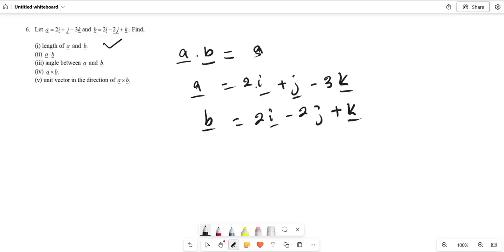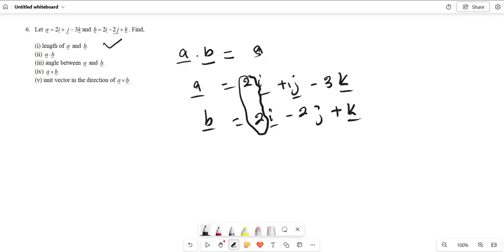What are the corresponding elements? This is the corresponding element, 2 into 2, and here 1 and here minus 2, that is the next corresponding element, and here minus 3 and here plus 1, those are the corresponding elements. So you want to multiply those corresponding elements and add them.